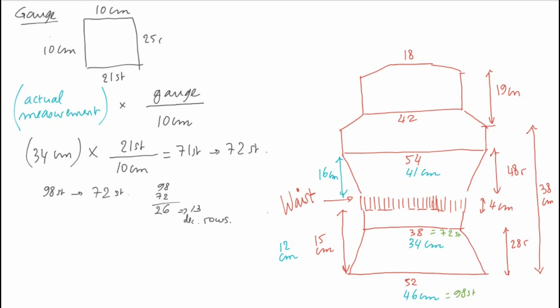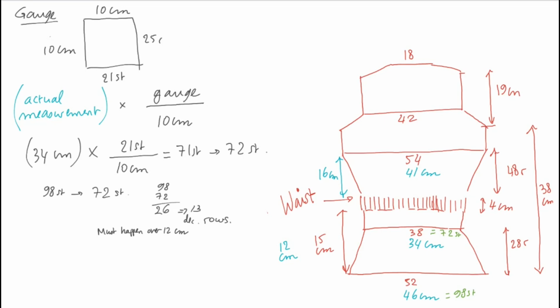This is where my 12 centimeters comes in, because this must happen over 12 centimeters. That's how much height I have from the hip where I cast on my stitches to where I begin the waist. How many rows is that?